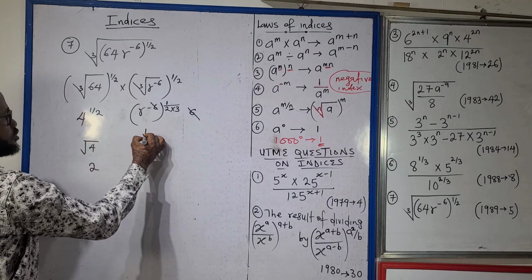So 7 here 1, 7 here 2. So the answer here is 100 divided by 10, which is 10. Quite direct and simple.